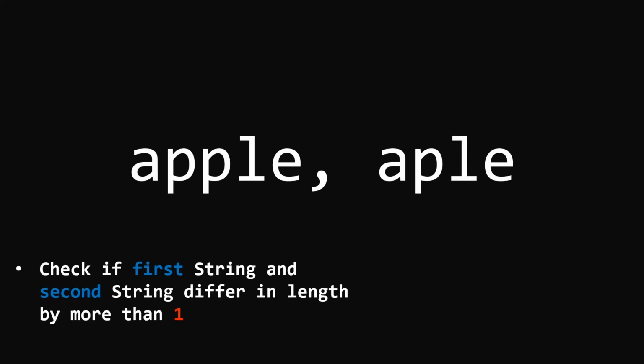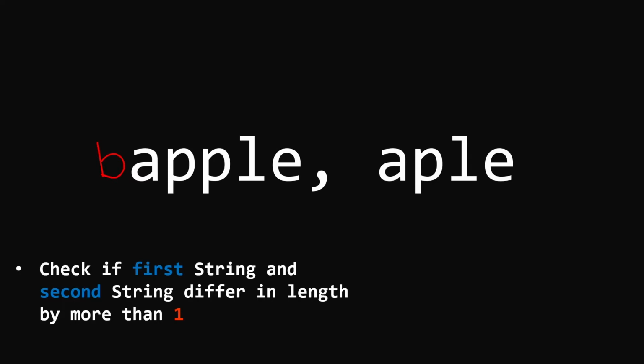For instance, if we added a b in front of the first one to be bapple, that has 6 letters, the second string only has 4 letters. Well, 6 minus 4 is 2. We're going to have to at least remove 2 letters from the first string to even equal the length of the second string. That's 2 edits, 2 removals. That's more than one, so it's already not going to work, right?